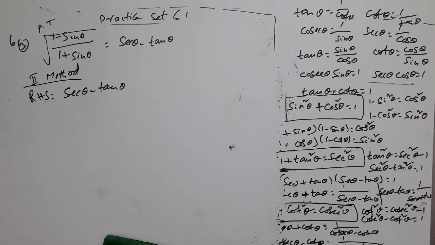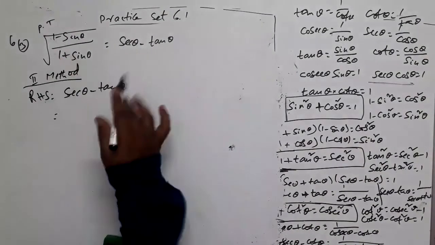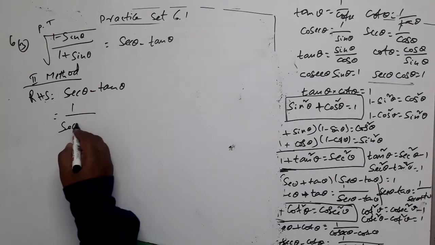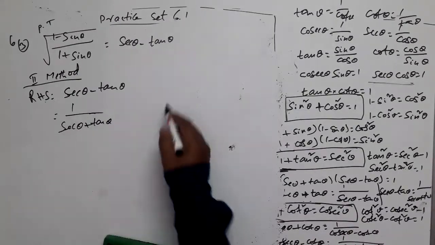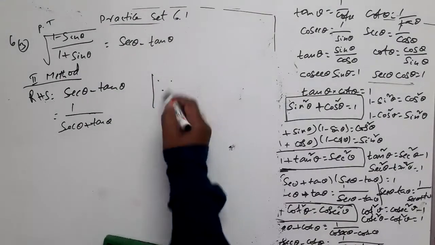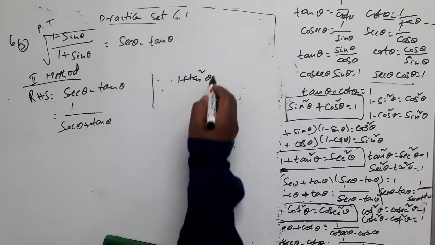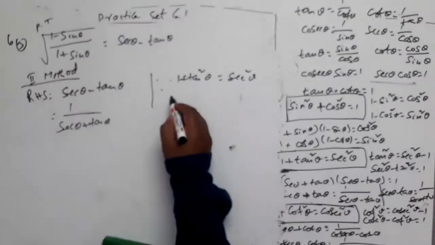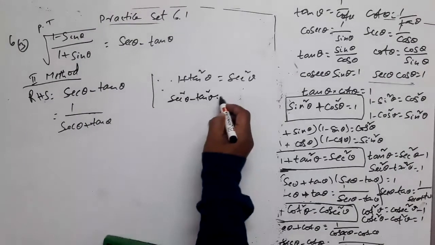If I have secant theta plus tan theta, I can get this. That is one idea. Let us see. Can I write like this? Because from 1 plus tan square theta is secant square theta, secant square theta minus tan square theta is 1.